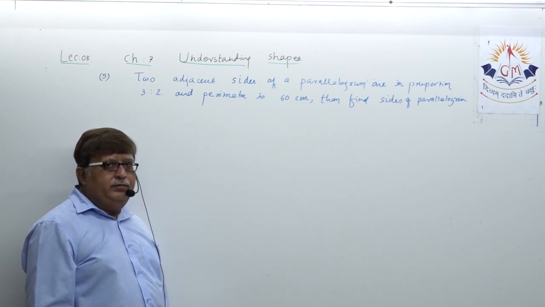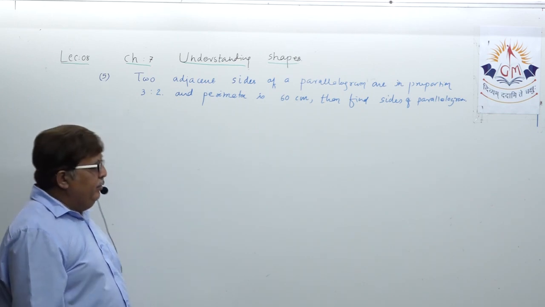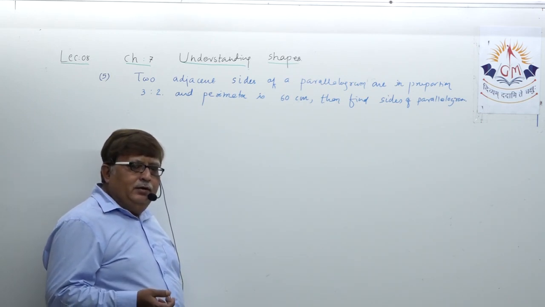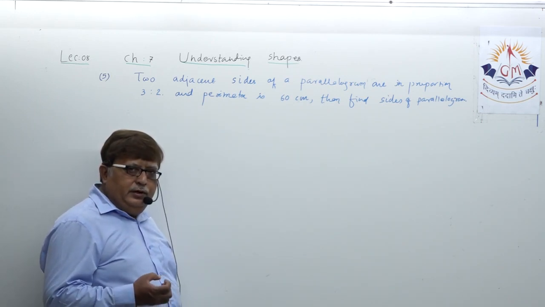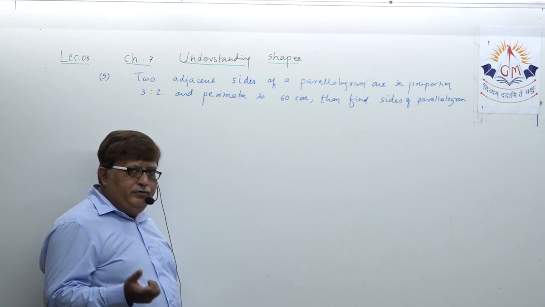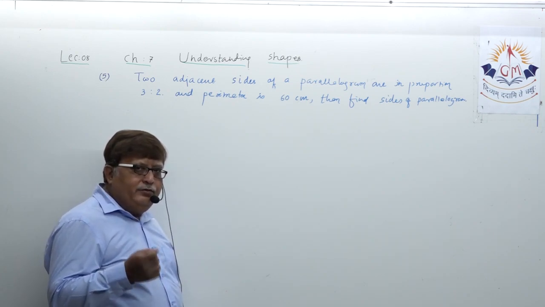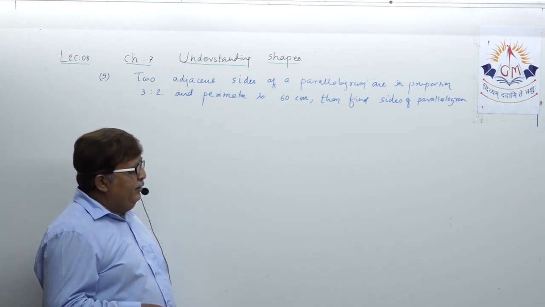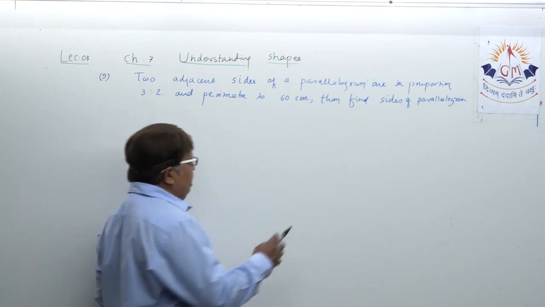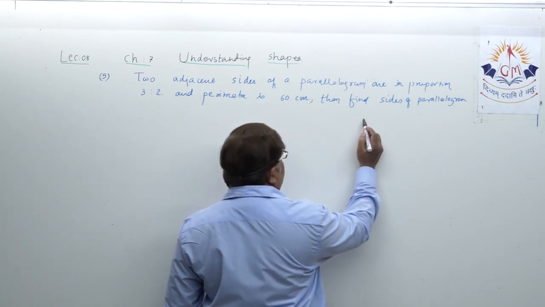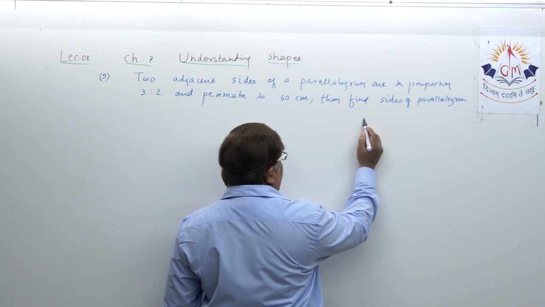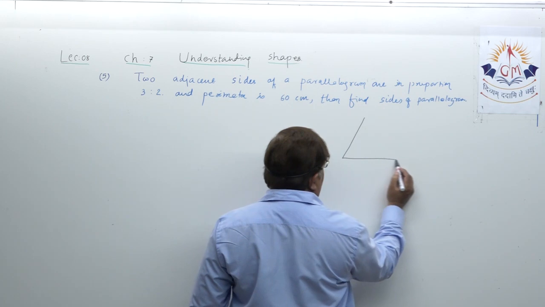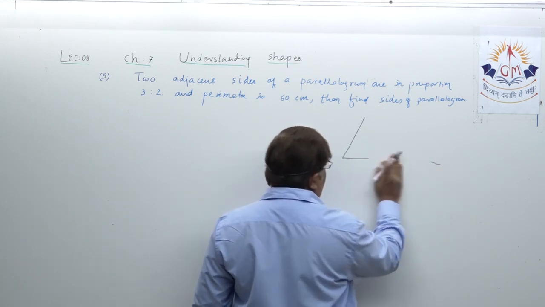You may not be given SLP for this because every time it can't happen that we solve one example and every time you receive SLP as an instantaneous self practice. Sometimes we can neglect it also. Okay, let us solve. First, draw parallelogram ABCD as usual.